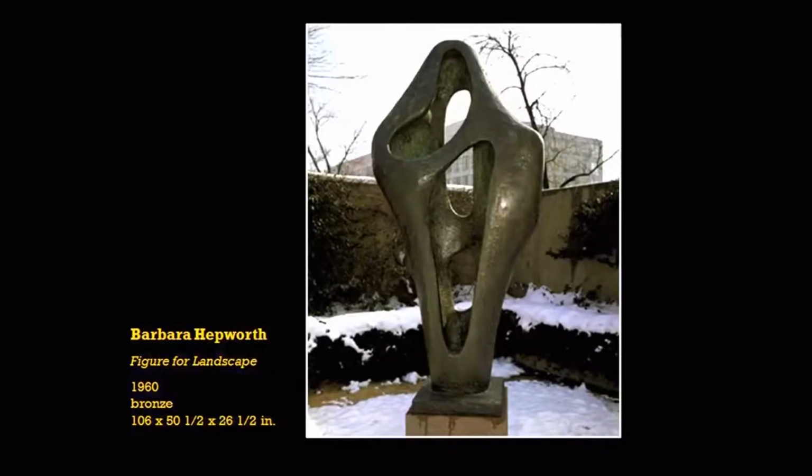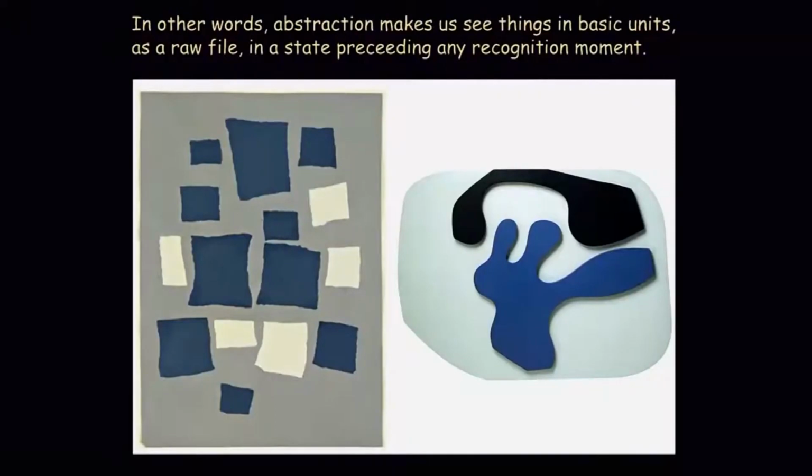But to give it a very profound visual statement, probably abstraction is the best method or the best language. But our visual perception needs to be informed about this possibility, that how abstraction can become a vehicle of such ideas. In other words, abstraction makes us see things in basic units as a raw file, in a state preceding any moment of recognition.